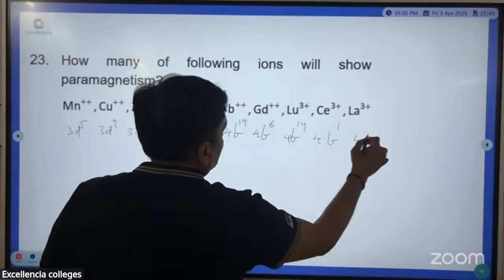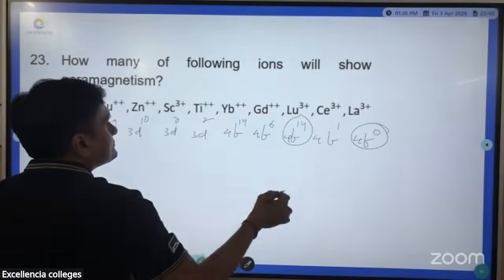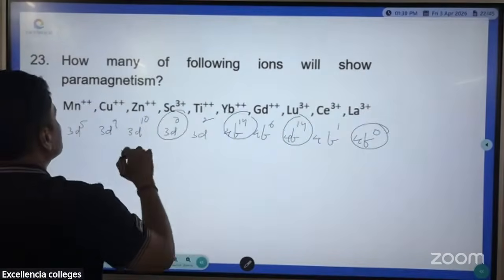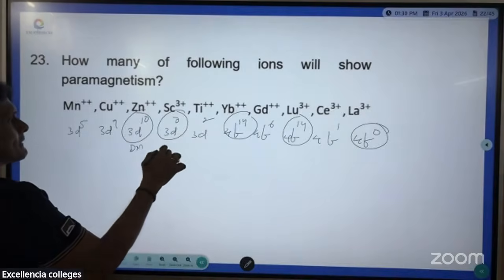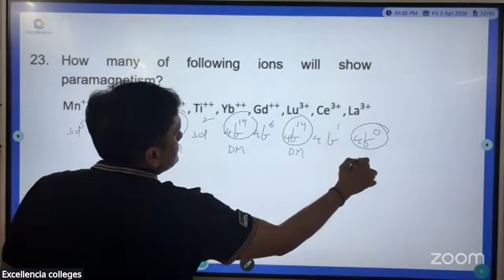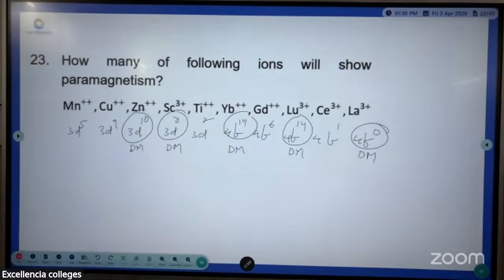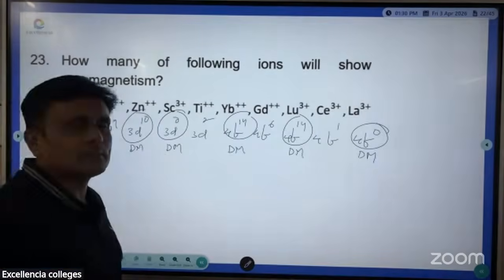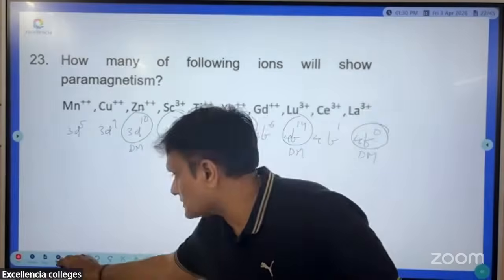And this is 4f0. So wherever you find this 14, or 0 or 10, all these are diamagnetic. The rest of them are paramagnetic. You have to find out how many of them are paramagnetic by nature. That's all. Okay, a little bit electronic configuration based.